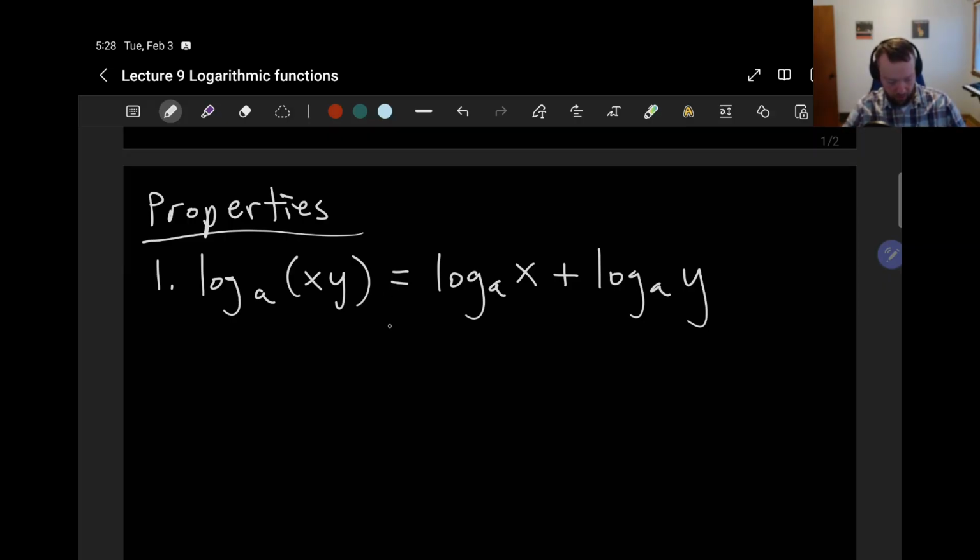And notice that this actually goes both ways. These are equal. So if I start here, I could expand to a sum of simpler logs. Or if I started here, I could condense into just a single log of a product. Sometimes it's convenient to do one thing, sometimes convenient to do the other. That just depends on a case-by-case basis.